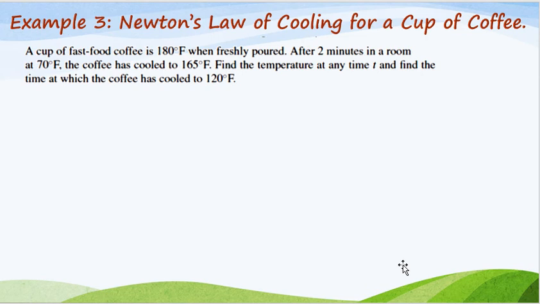After 2 minutes in a room at 70 Fahrenheit, the coffee has cooled to 165 Fahrenheit. Find the temperature at any time t and find the time at which the coffee has cooled to 120 Fahrenheit.